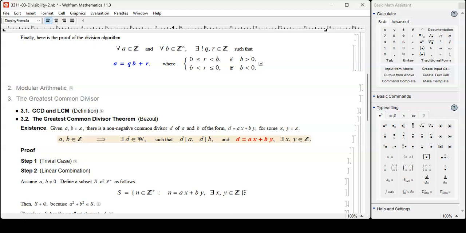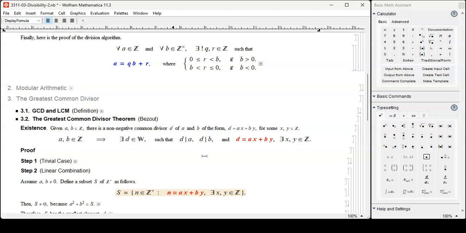So we devise a certain subset of Z plus that's based upon the same thing. And then this is a subset of Z plus, which is well ordered. So we can find the minimum here. And that happens to be the greatest common divisor D.